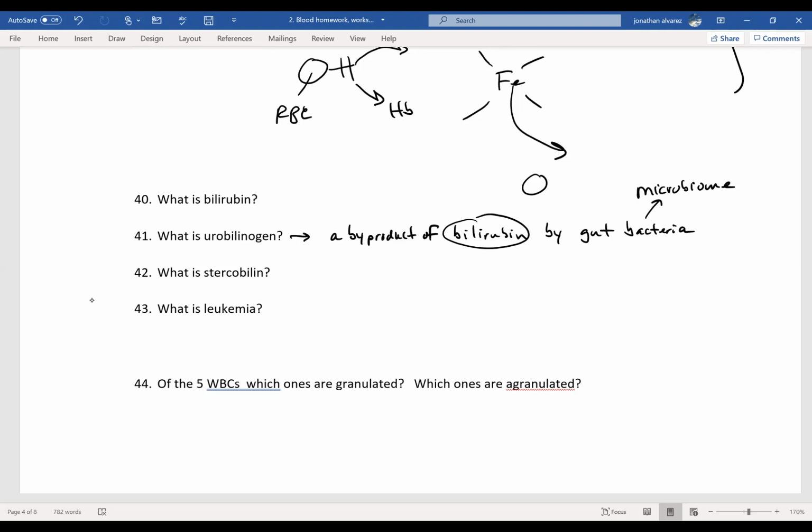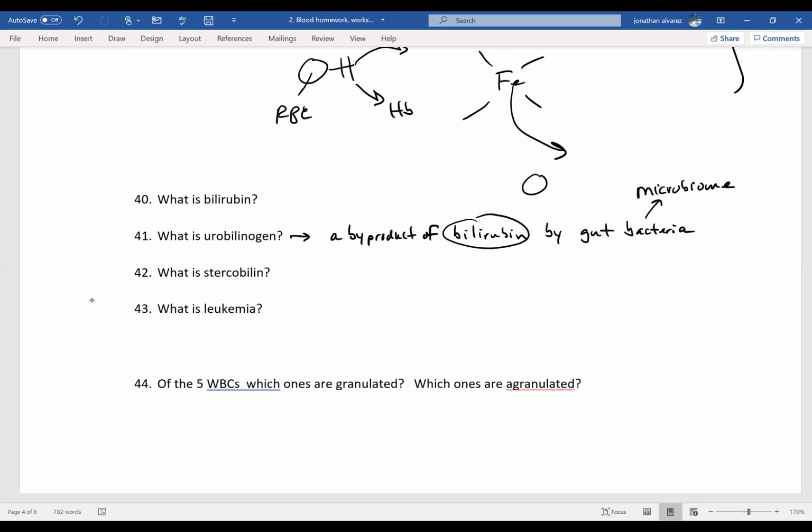Okay. So pretty much everything in our body at some point is broken down, degraded. The bilirubin is eventually broken down, and when it is, it turns into urobilinogen.